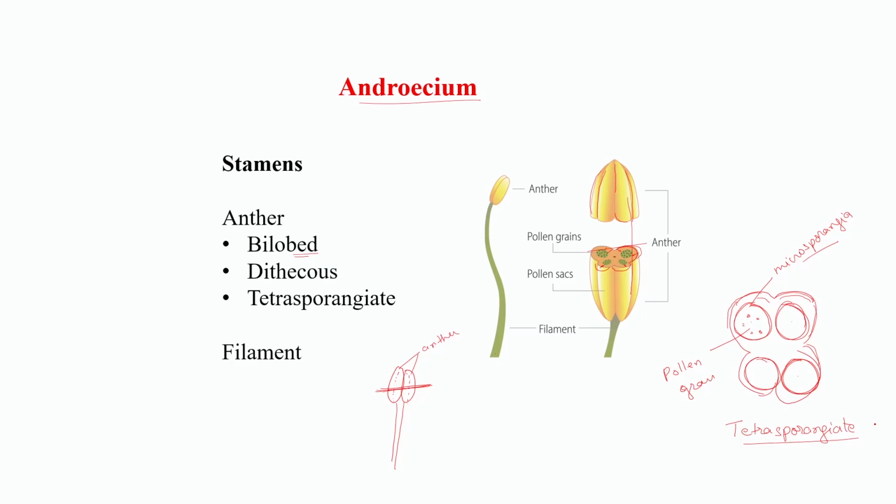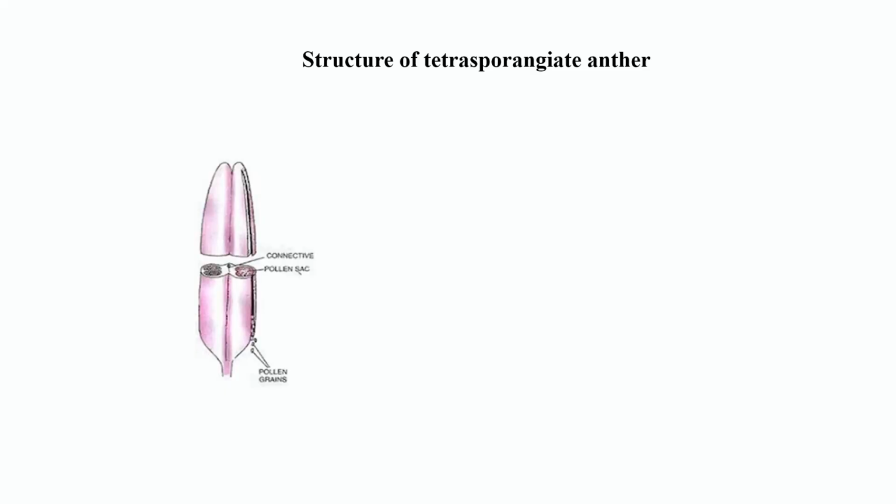This is the most common version which is present, but variations are definitely there. Now we will try to understand the structure of this tetrasporangiate anther. Definitely it will be surrounded by epidermis.